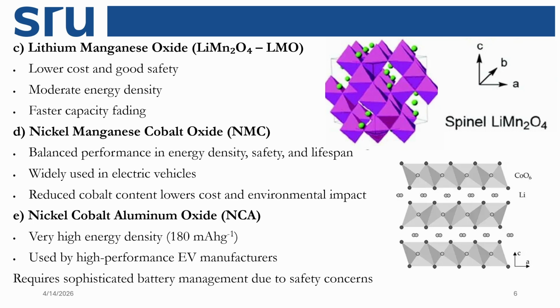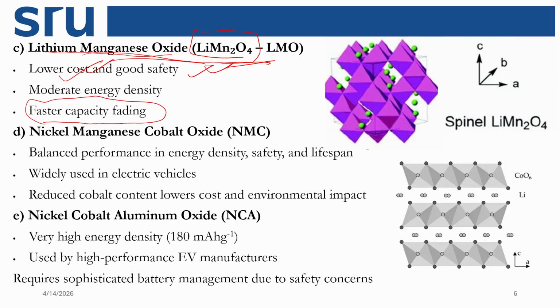Another compound is called lithium manganese oxide. The advantage of this compound is lower cost, because if you see here there is no cobalt, so we are reducing the cost, and it has good safety. But the problem is faster capacity fading, meaning the stability of the compound is very low.